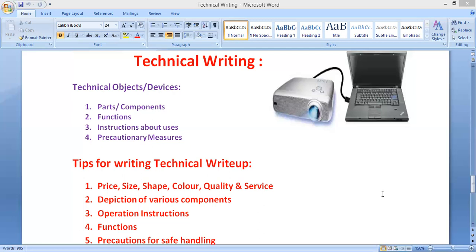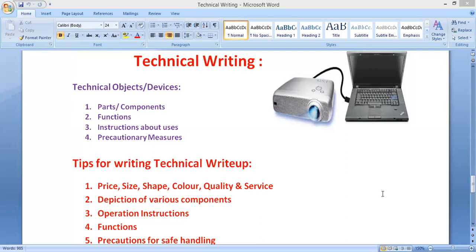So today our focus will be how to define some small technical objects like computer, mobile, or some small apps like WhatsApp. See, dear friends, in our day-to-day life, we use various technical devices.